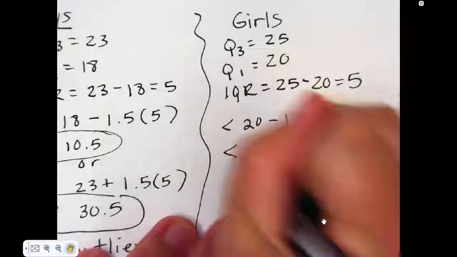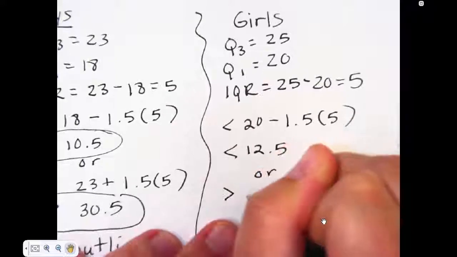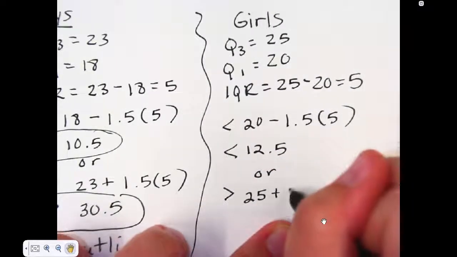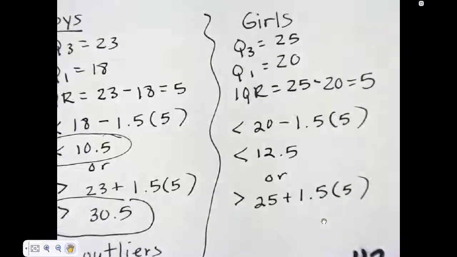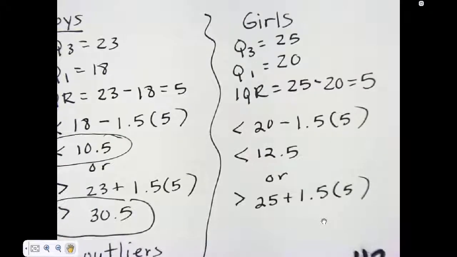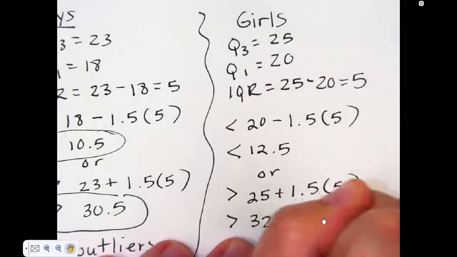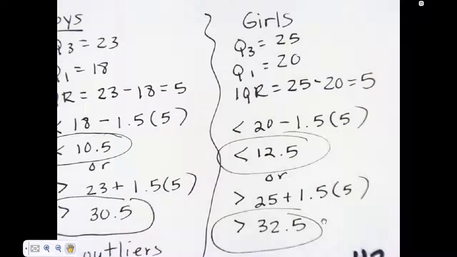So anything less than 12.5 in this case, or remember you have to do both, 25 plus 1.5 times 5. So anything greater than 32.5. So anything greater than this or less than this.